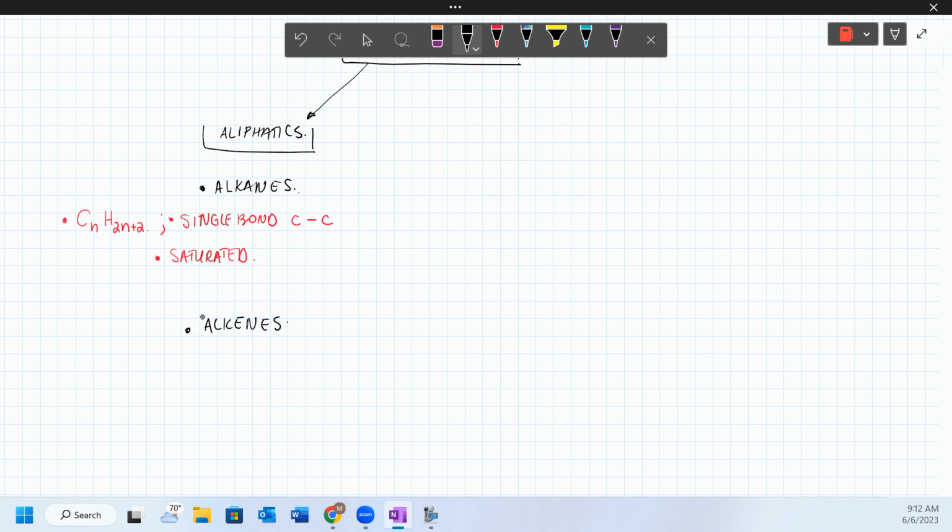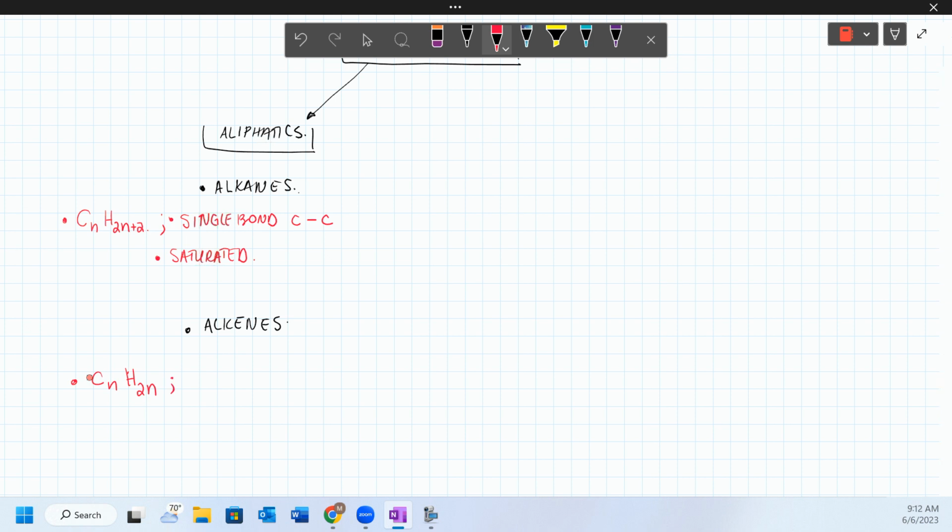The general formula for alkene, which is something we haven't talked too much about, is C for carbon, n for the number of carbons in the hydrocarbon compound, and the number of hydrogens is H2n.